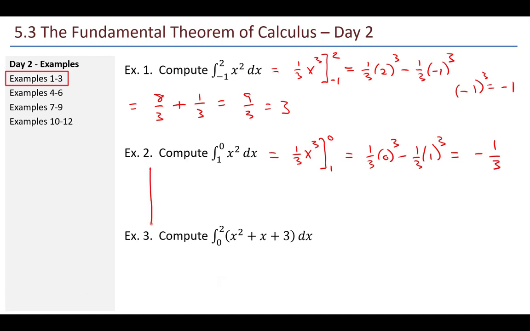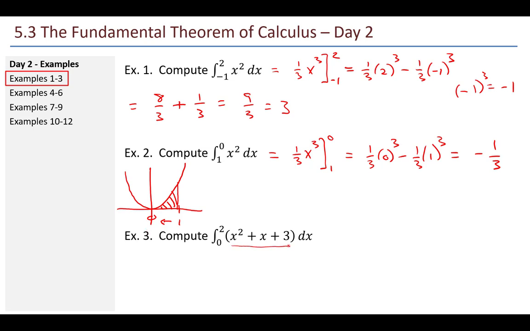Now maybe that's a little surprising because here is x squared, and from 0 to 1 the area is above the x-axis, but I'm integrating in a weird direction. Normally I go from the small number to the big number. In this case I'm going from the big to the small, so it reverses the sign of everything. So I actually do expect an answer to be negative when integrating from 1 down to 0.